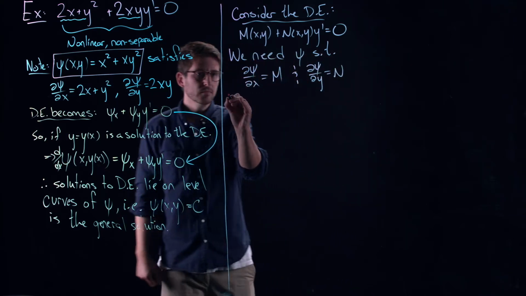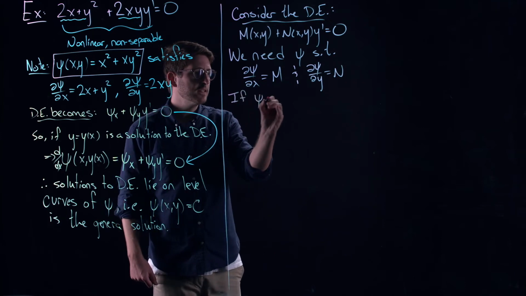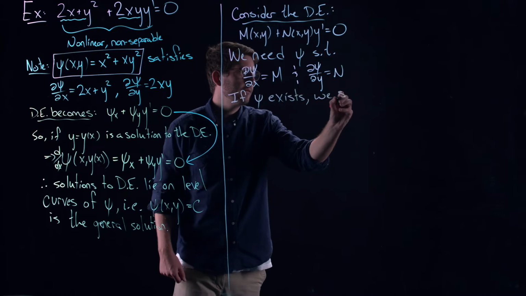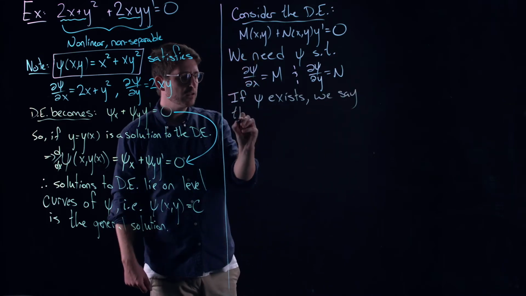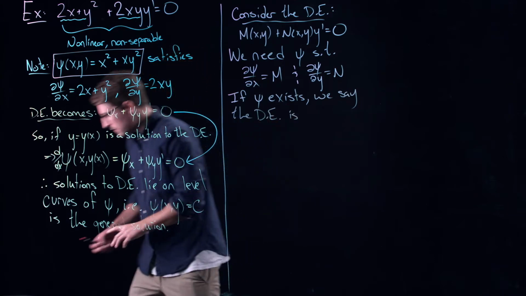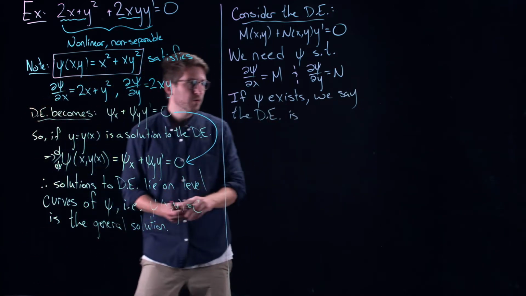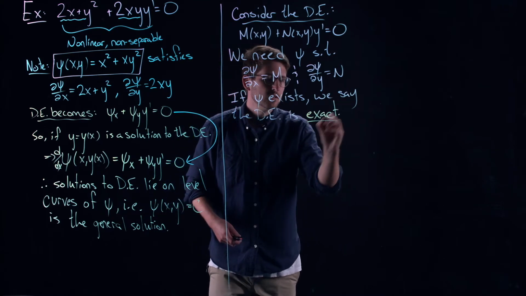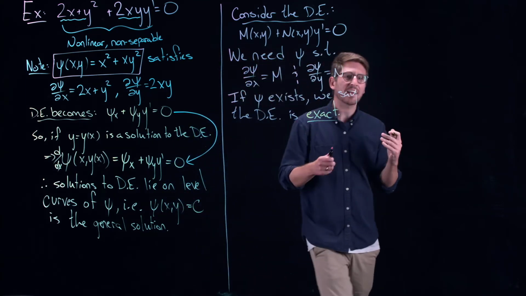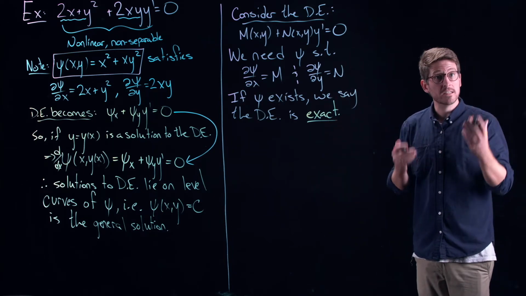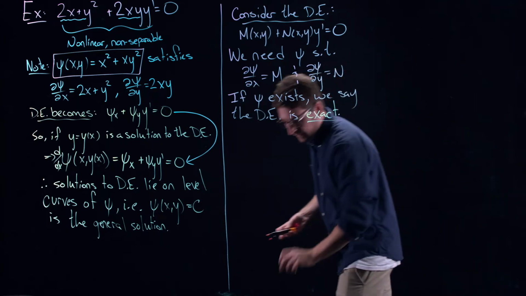And if psi exists, we say the differential equation is, let's change the color here to really make it pop, we say this thing is exact. So this is what's called an exact differential equation. It's an exact differential equation if there exists a potential function, that psi function.